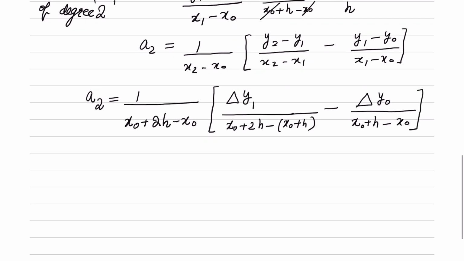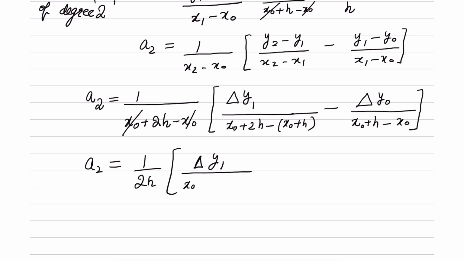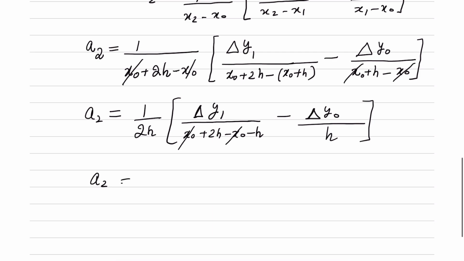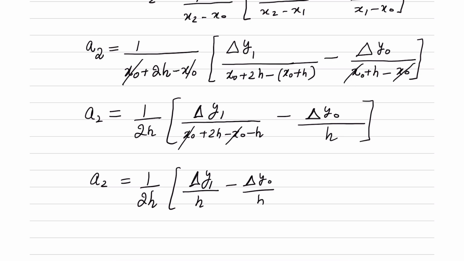Let's simplify. So we have a2 is equal to 1 over 2h, del y1 over x0 plus 2h minus x0 minus h, minus del y0 over h. We have a2 is equal to 1 over 2h, del y1 over h minus del y0 over h.